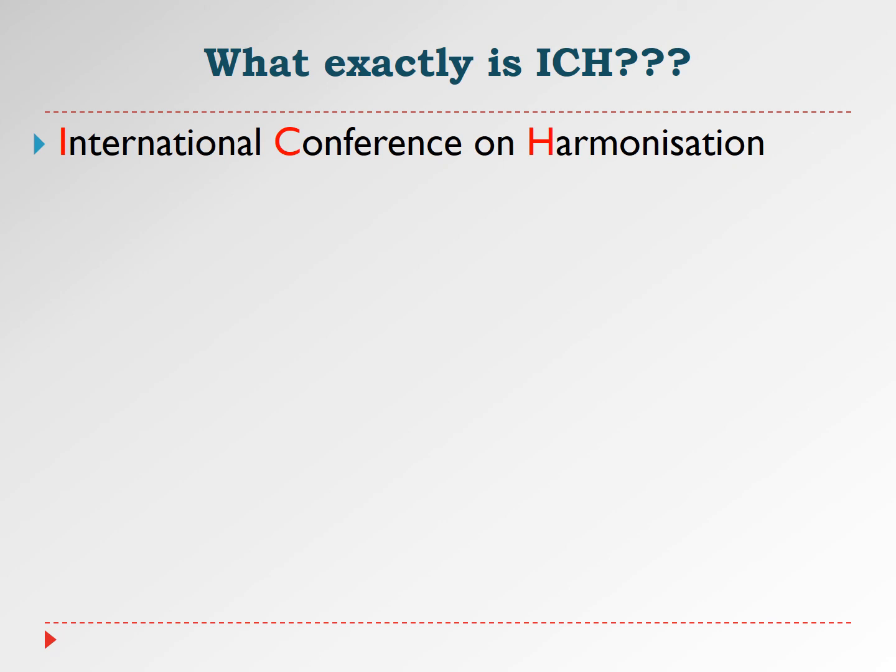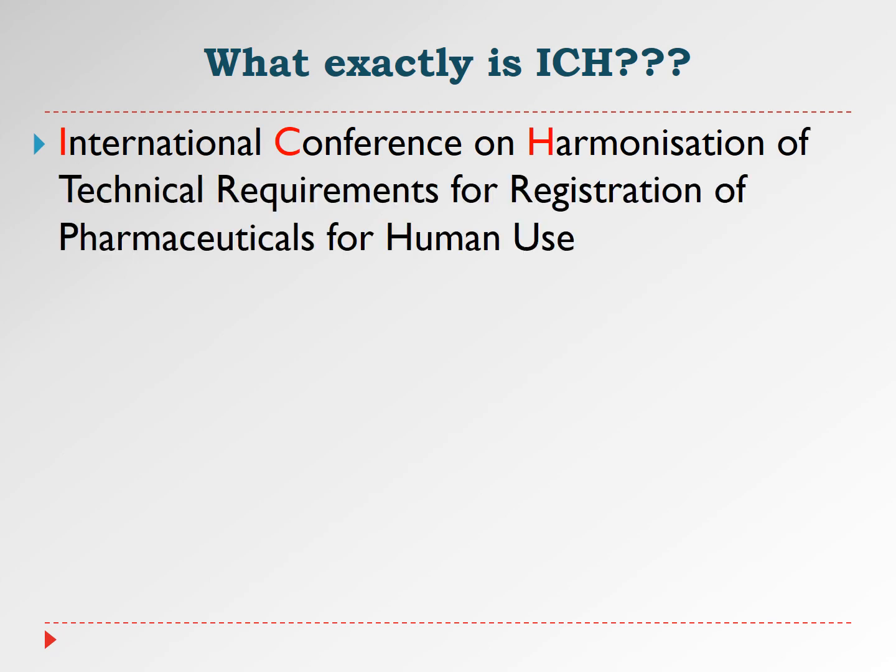But ICH is the International Conference on Harmonization, with an S. What it really is, is the International Conference on Harmonization of Technical Requirements for Registration of Pharmaceuticals for Human Use. That is much too long to say, so you'll hear people referring to ICH. And if they do say it, they'll just say the International Conference on Harmonization.